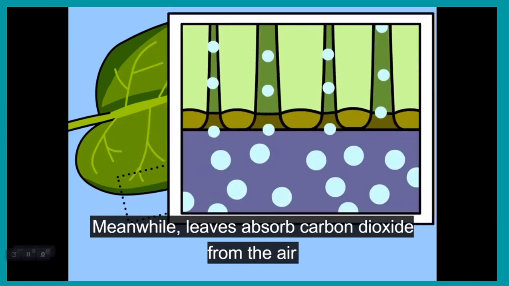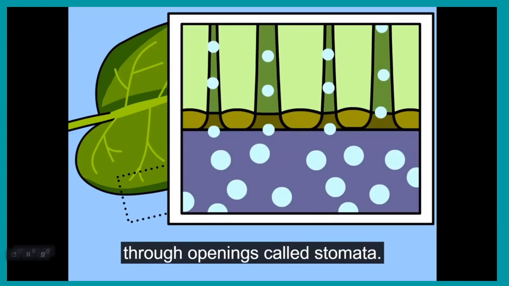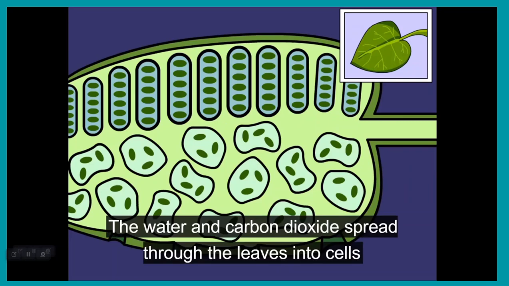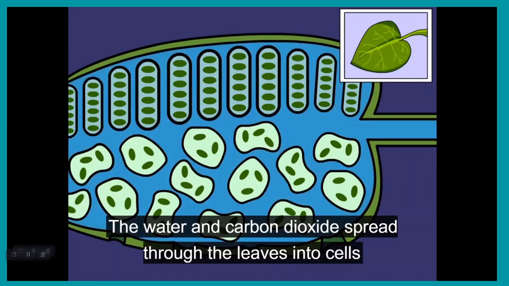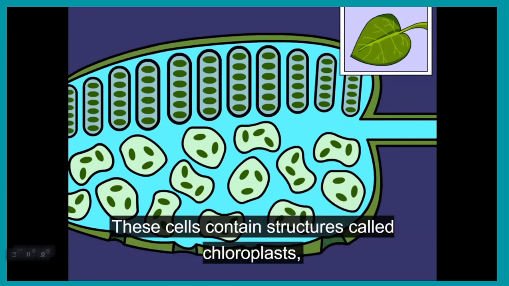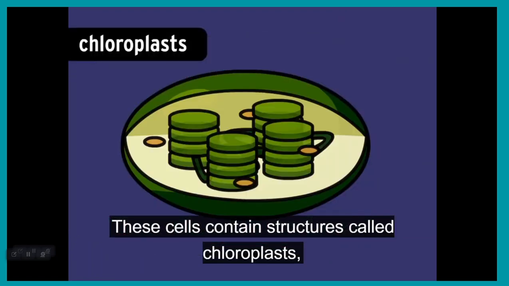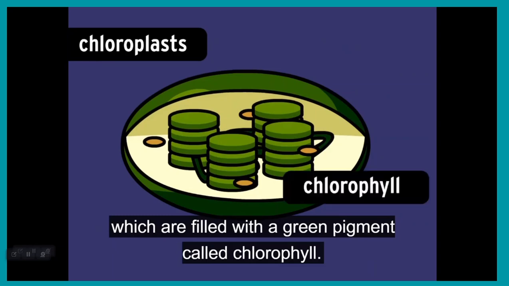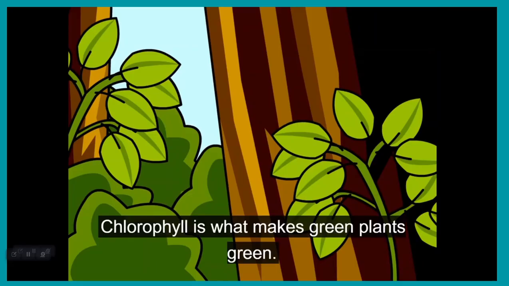Meanwhile, leaves absorb carbon dioxide from the air through openings called stomata. The water and carbon dioxide spread through the leaves into cells called the palisade and spongy cells. These cells contain structures called chloroplasts, which are filled with a green pigment called chlorophyll. Chlorophyll is what makes green plants green.